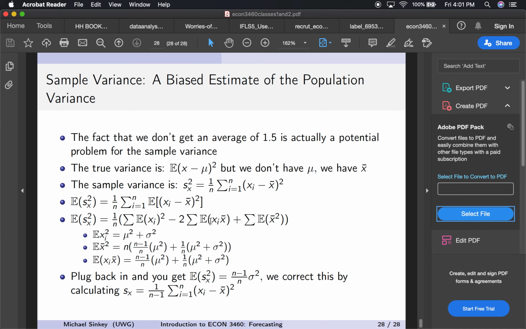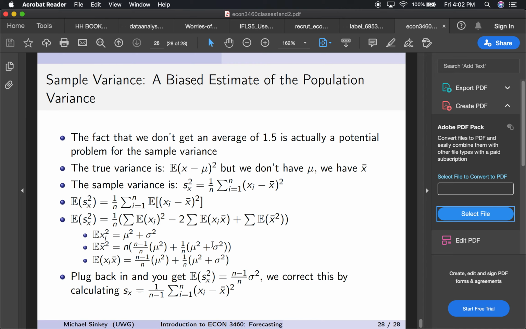I go through a little bit of a derivation of the expected value of the sample variance. But what I want to get across is you've got to take the square root here. I'll put that back on the slides. We correct the sample variance by 1 over n minus 1, because when we expand our expected value of the sample variance, this expectation of x times the sample mean, there are instances when I just have the population mean squared, but then I also have some variation.